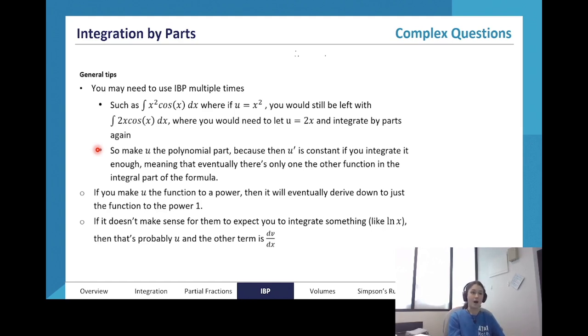So if you have, say, sine squared x, and you let u equal sine squared x and do integration by parts, you will eventually be left with a function with only the power 1, which often is much easier to integrate because you don't have that power.